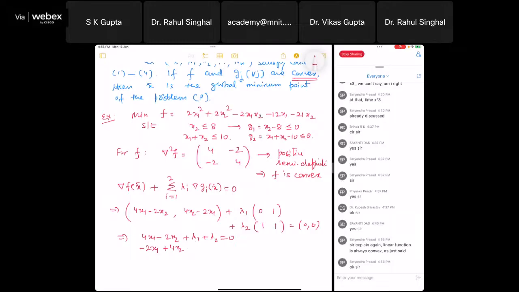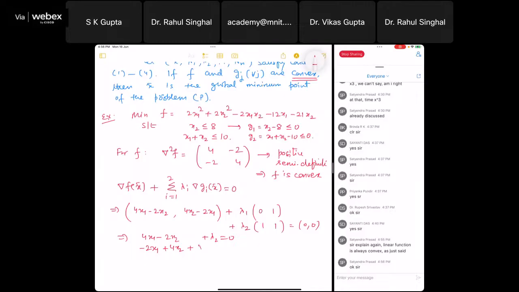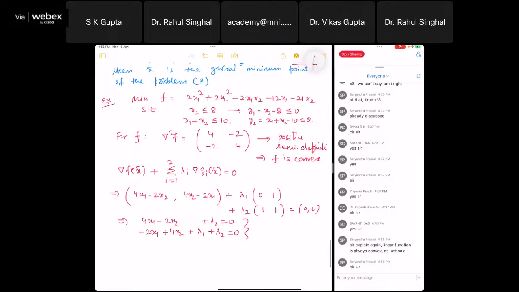Okay. So here lambda 1 will not come in the second equation, because the gradient component is 0, right? So this is plus lambda 1 plus lambda 2 equal to 0. These are the first two conditions. The next condition is basically from the feasibility. Feasibility conditions are what? x2 less than equal to 8 and x1 plus x2 less than equal to 10.